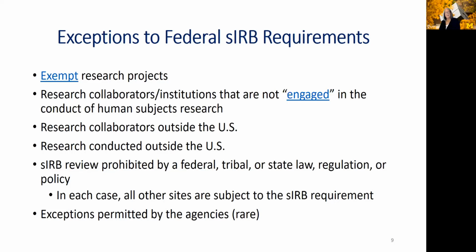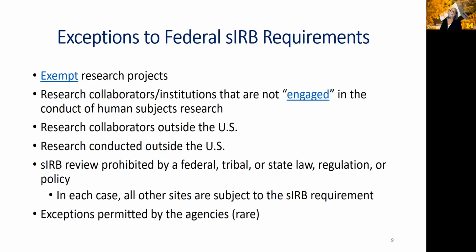And there may be certain cases where a single IRB review is not permitted by tribal law. There may be state laws that would come into play. But if it's a project that involves multiple collaborators, those domestic partners that did not have these limitations would require single IRB, where these other entities might not.